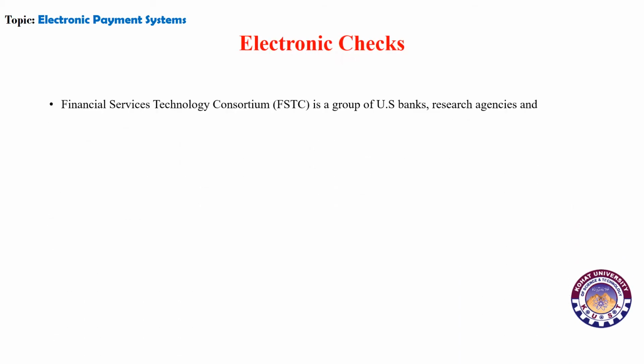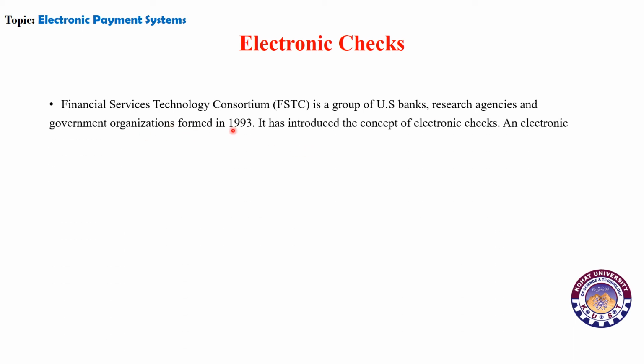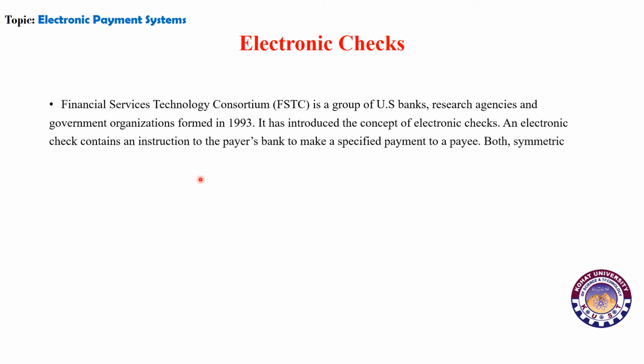Electronic checks. The Financial Services Technology Consortium, or FSTC, is a group of US banks, research agencies and government organizations formed in 1993. It introduced the concept of electronic checks. An electronic check contains an instruction to the payer's bank to make a specified payment to the PE.